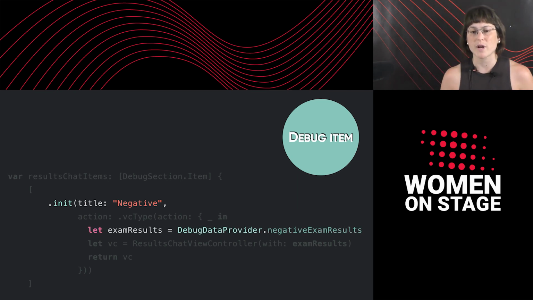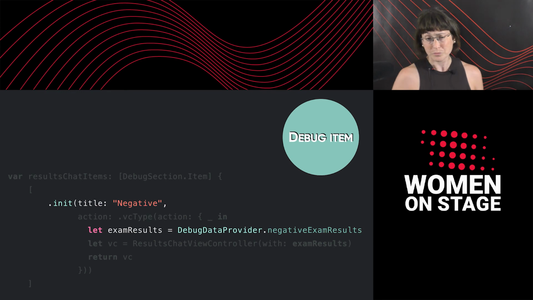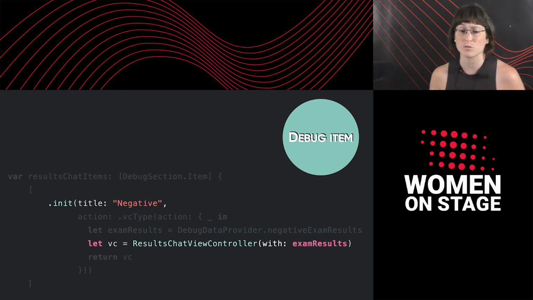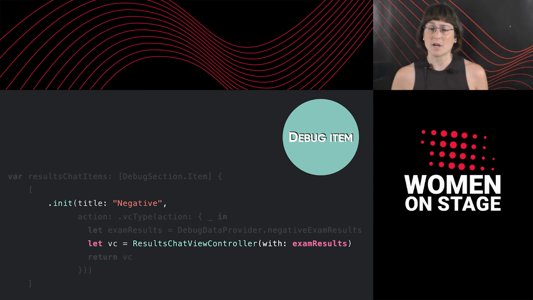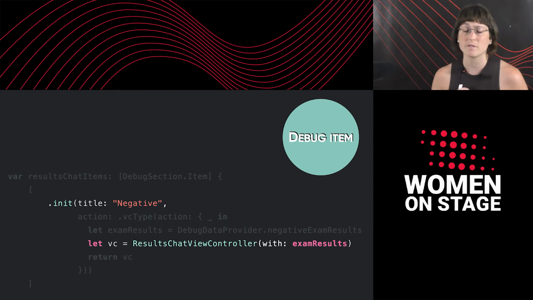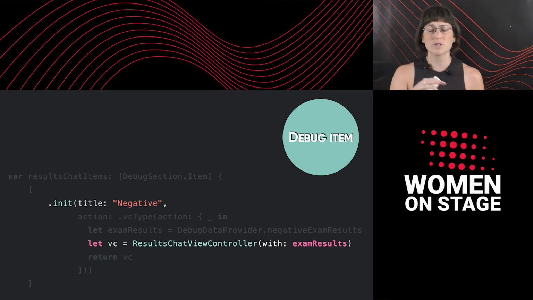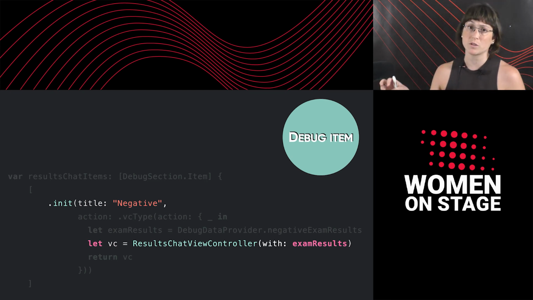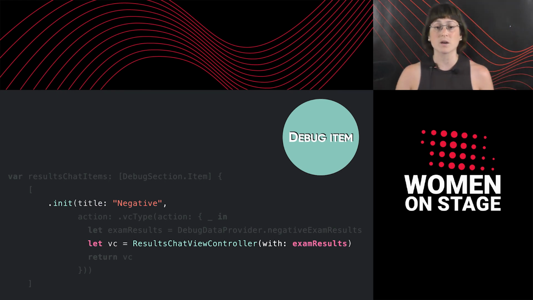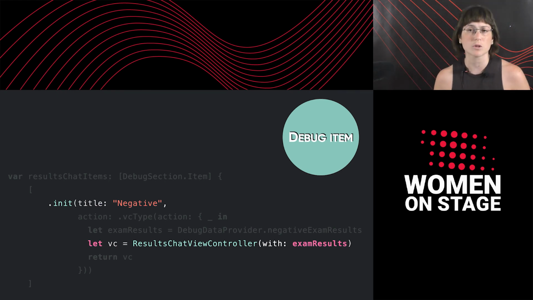So first I create a mock exam results and then I inject it into my results view controller. Now all the logic is done, and when the representing view receives this item and runs the action, I do not need to know all the small, specific logic details connected to that object. I will just get back the UI view controller and I will know how to present it.